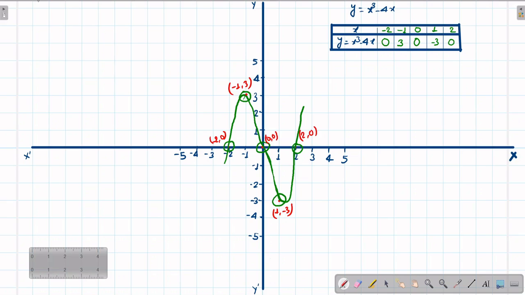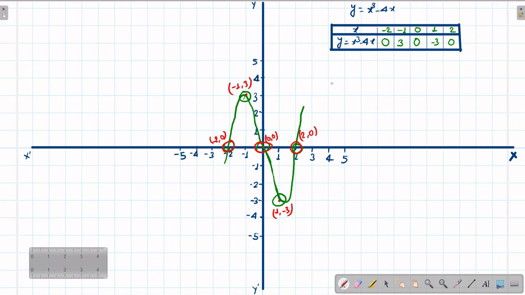So here you can see that the graph of the polynomial is intersecting the x-axis at 3 points. This is the first one, this is the second one, and this is the third one. So you can conclude that there will be 3 zeros for the given polynomial.